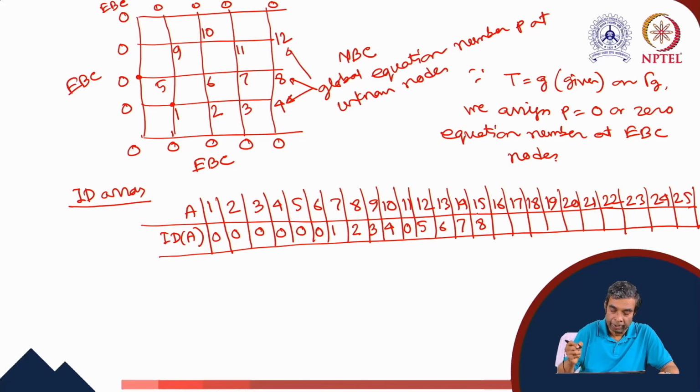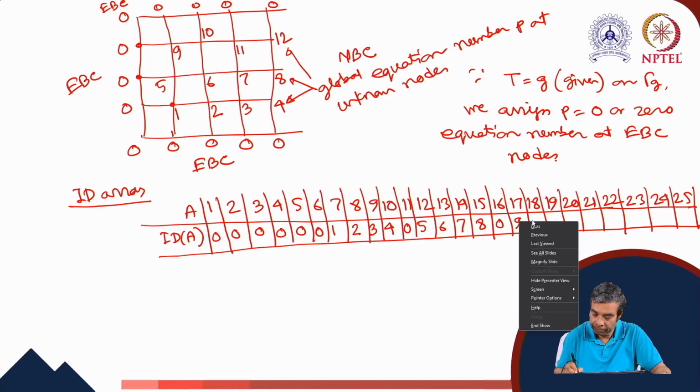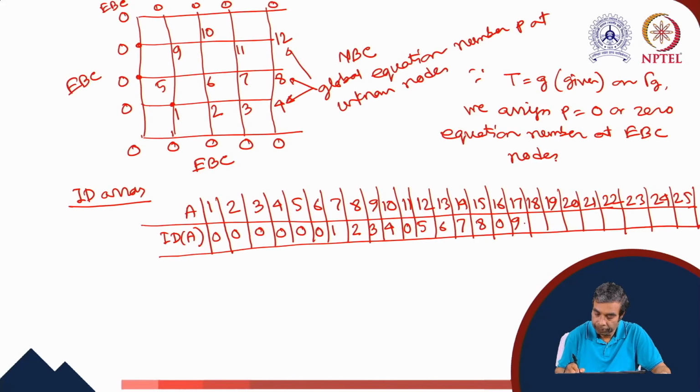Up to the 15th node we have made. Then when you go to the 16th node, this is an EBC node, so the equation number is again 0. The next equation numbers are 9, 10, 11, 12.